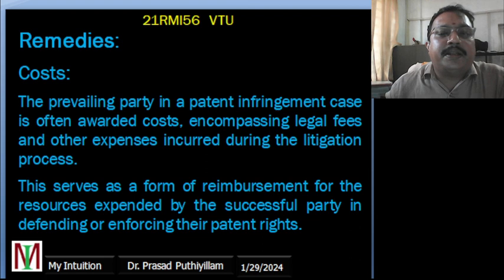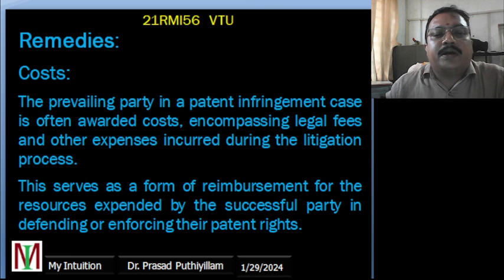The prevailing party in a patent infringement case is often awarded cost, encompassing legal fees and other expenses incurred during the litigation process. This serves as a form of reimbursement for the resources expended by the successful party in defending or enforcing their patent rights.